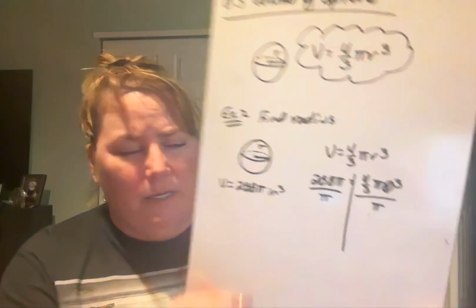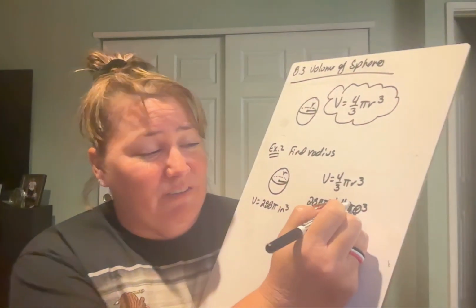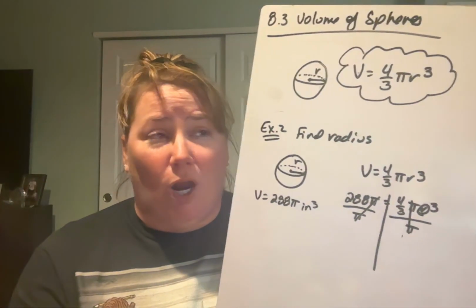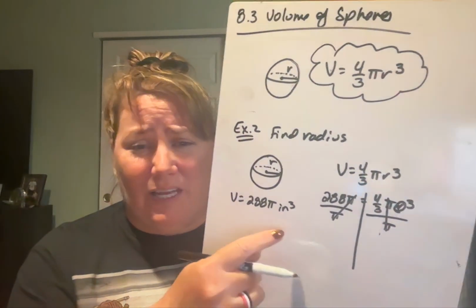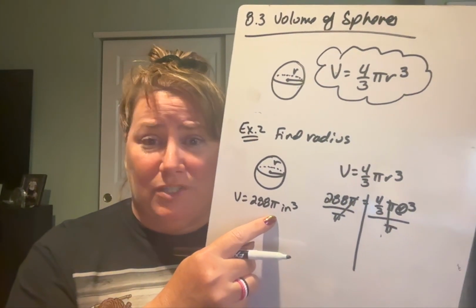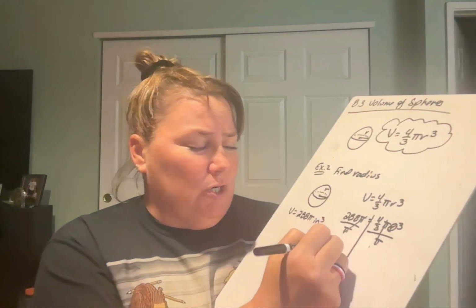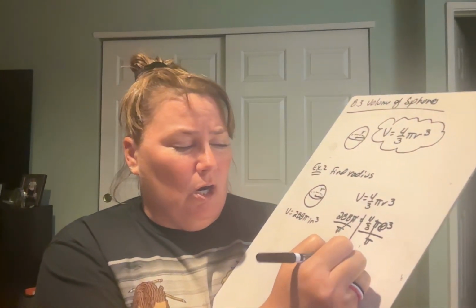Okay? Because pi divided by pi is 1. So now we cleared our terms of pi. It's just a fancy way of just saying, hey, terms of pi means you have pi left in your answer. That's it. Okay? So now we have 288 equals 4/3 r cubed.